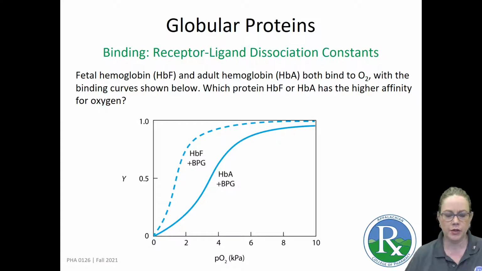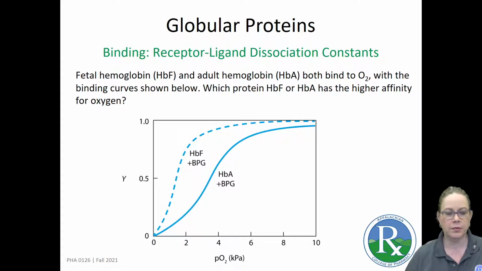Knowing that, you can still use the same basic premise for determining which protein has a higher affinity for a given ligand, or which ligand has a higher affinity for a protein. In this example, we're going to stick with the same ligand, oxygen, and determine which protein has the higher affinity for that oxygen.